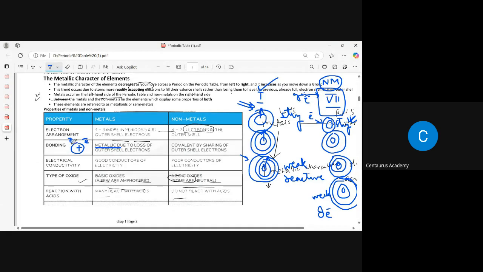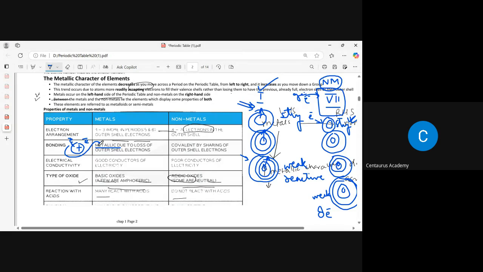This creates electrostatic forces of attraction between the positively charged cations and the negatively charged electrons, and this is referred to as metallic bonding.